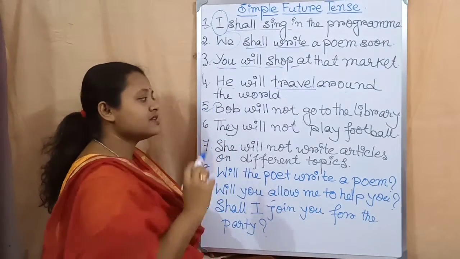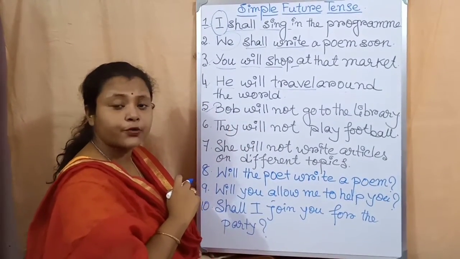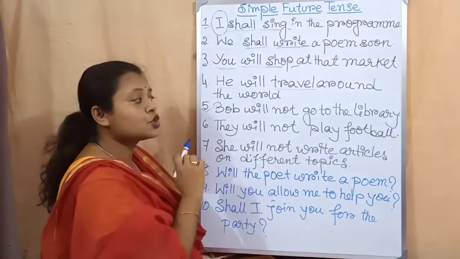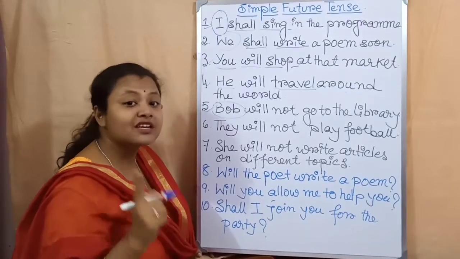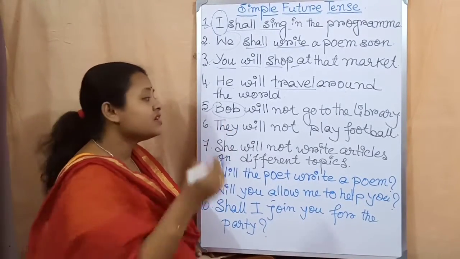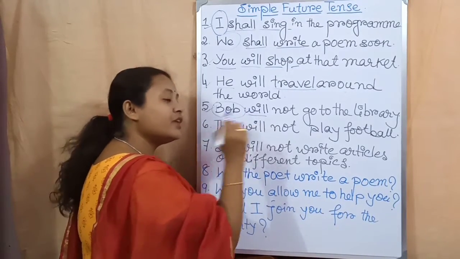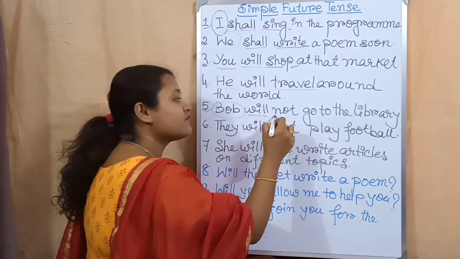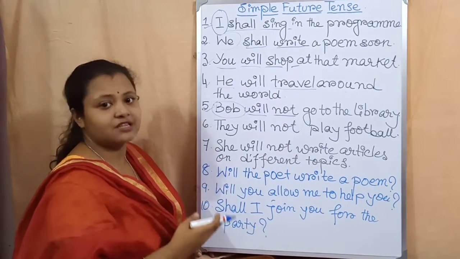Now come to the fifth sentence. Bob will not go to the library tomorrow. Bob is third person singular number. Third person refers to any name, and here Bob is the name of a person. After that I have written will. After that not, because this is an example of a negative sentence.